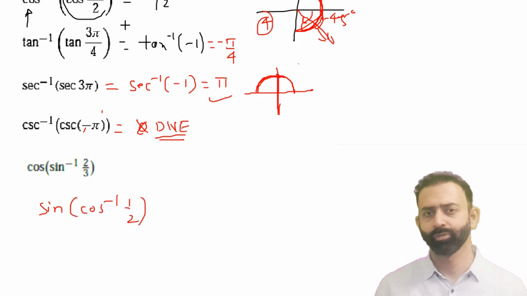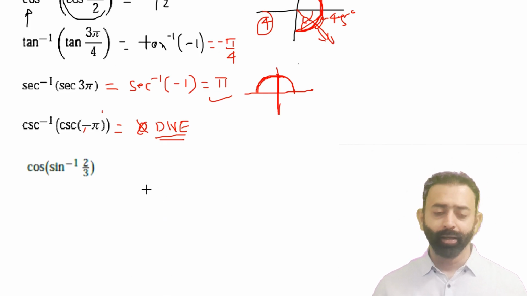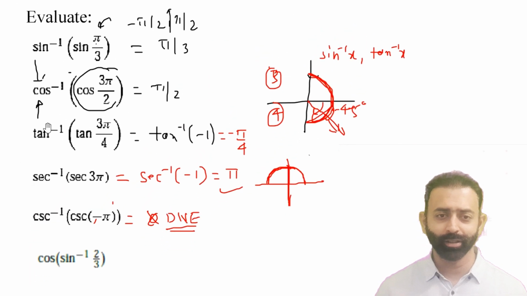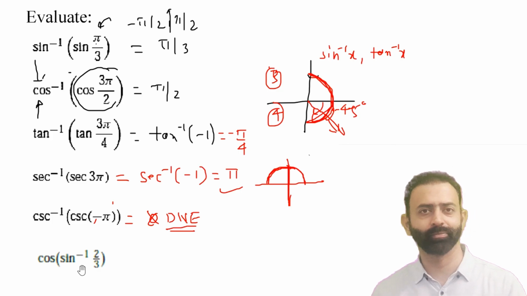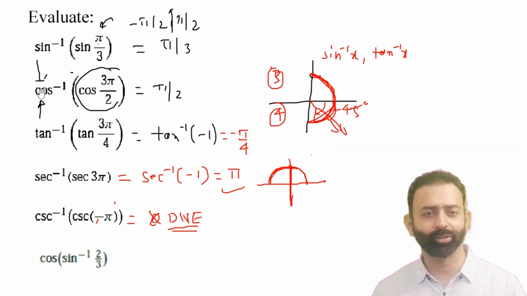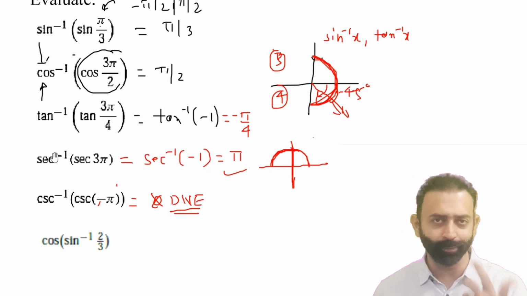So let us understand how to deal with these. Please pay attention: in the last question, outside is a trigonometric function and inside is the inverse function. Previously in all these 5 parts, the output was an inverse function and the input was the trigonometric function, but here it is just the opposite.